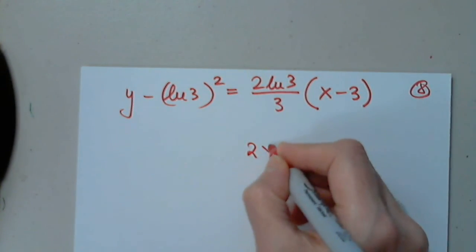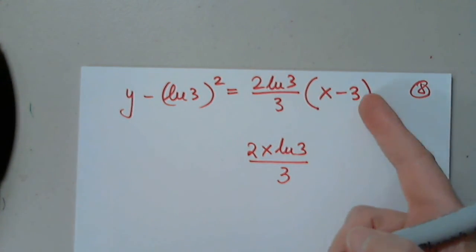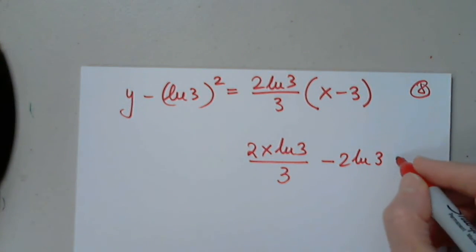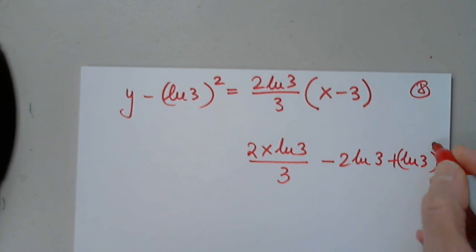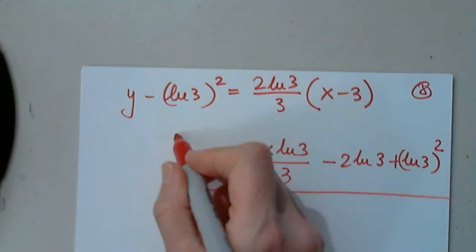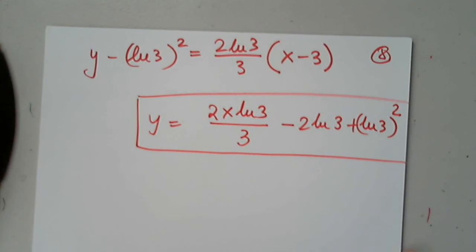So I have 2x natural log 3 over 3. I will distribute here, and I get negative 2 natural log 3. I will bring this over as natural log 3 squared, and I will just leave it alone as is. That's it. I'm not going to do anything else.